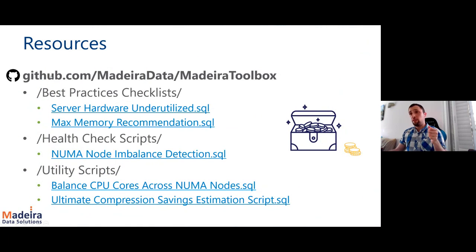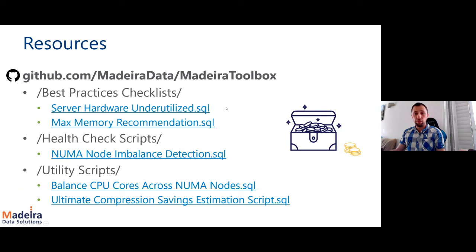Right, we are nearing the end. As I promised, in the Modera data, Modera toolbox, inside there are all kinds of folders and scripts. There's a utility script to detect an imbalance in terms of performance, and to automatically balance CPU cores across the server hardware that is underutilized.